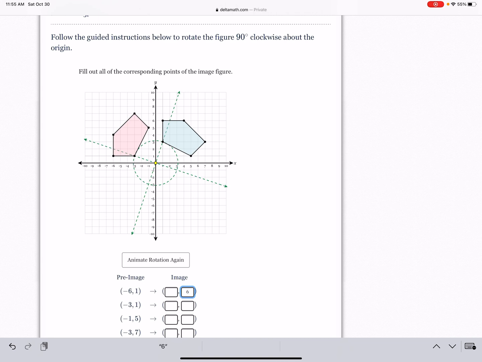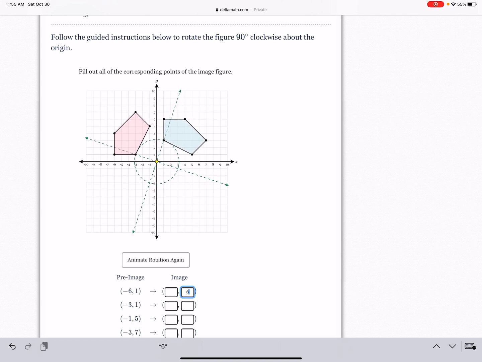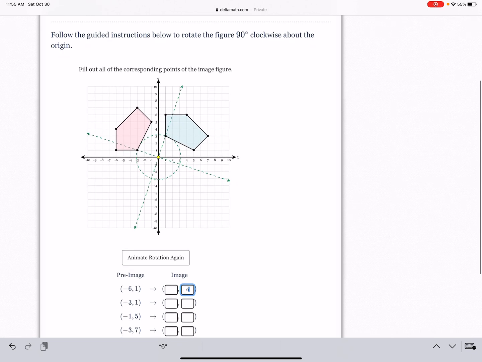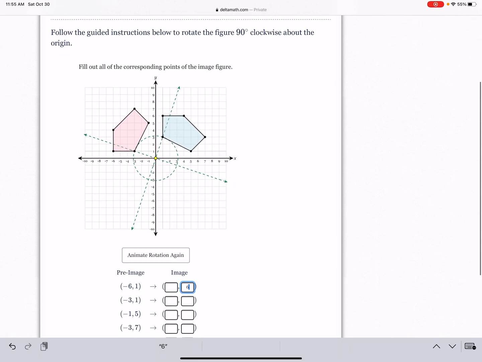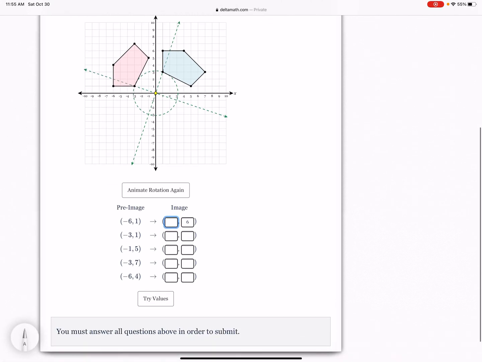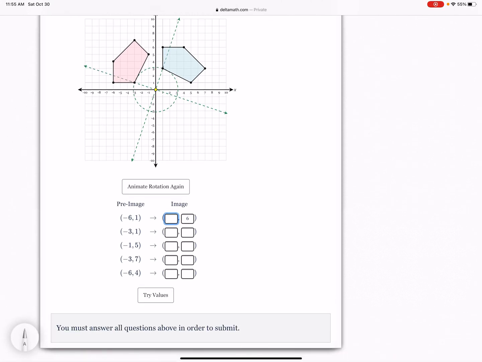This -6, once it has become here, is 6 units distant along the y-axis, and that's positive. So you switch x and y, and the y value of the image becomes opposite in sign. Negative becomes positive, positive becomes negative.